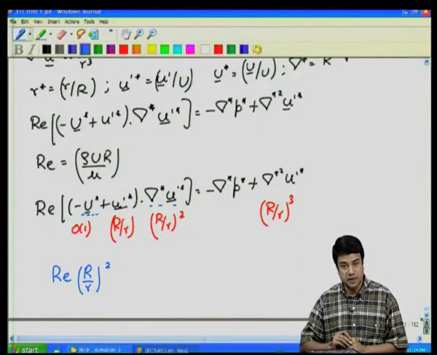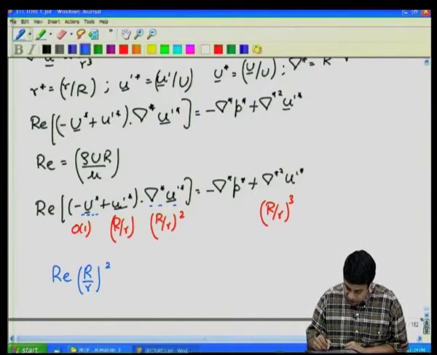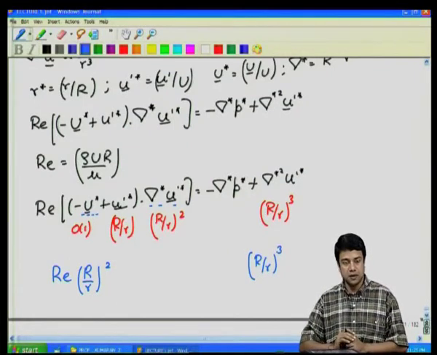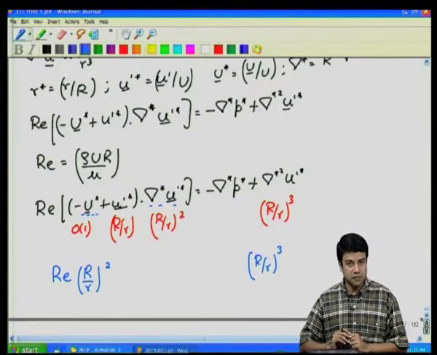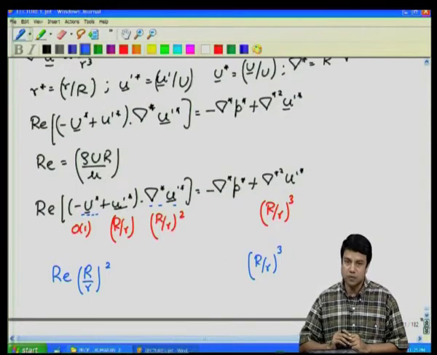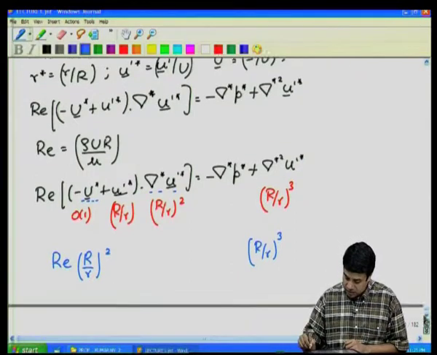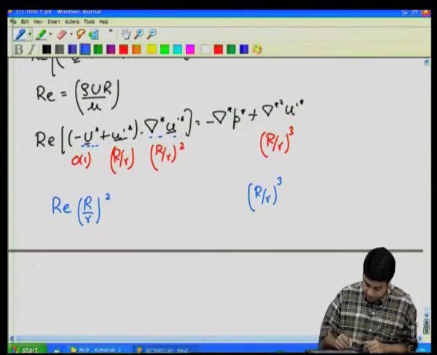The largest term on the right hand side, at least as far as the velocity gradients are concerned, goes as R by r the whole cubed. So, clearly even when the Reynolds number is small, the term on the left hand side becomes comparable to the term on the right hand side. Inertial terms become important.